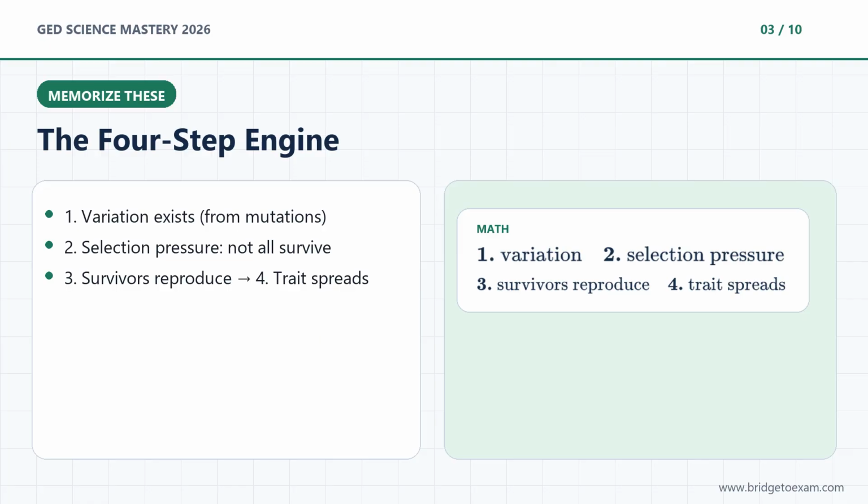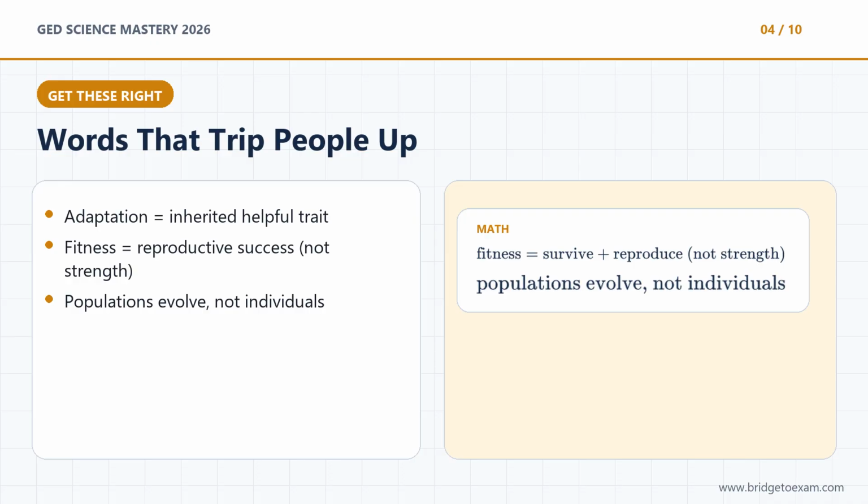The survivors reproduce, passing their helpful traits to their offspring. Step 4. The helpful trait becomes more common, so the population changes over time. Variation, selection, survival and reproduction, and the trait spreads. 4 steps, every generation.